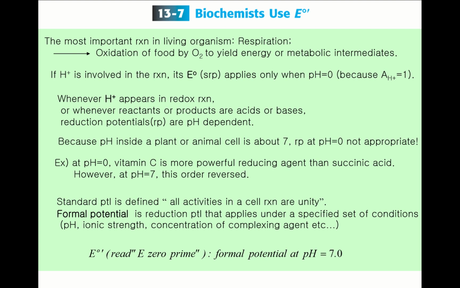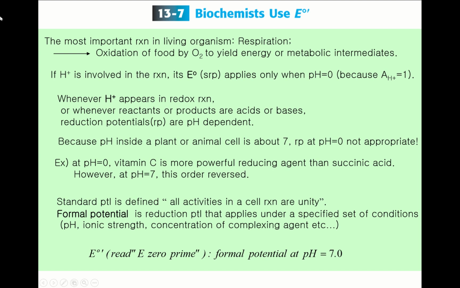Anyway, many biochemical reactions involve protons, and the pH usually is 7, the neutral pH. So it is important to redefine the standard reduction potential at pH 7. That's the formal potential.